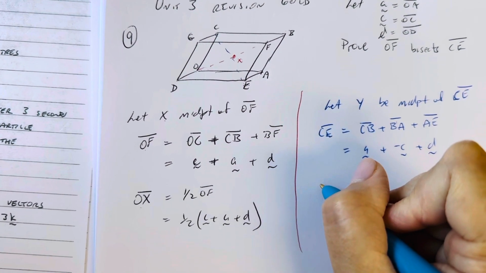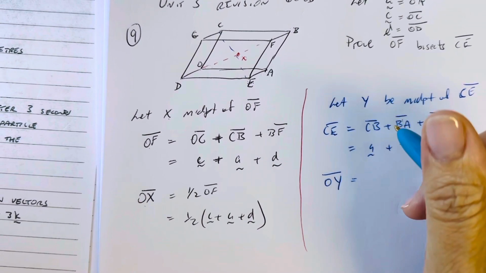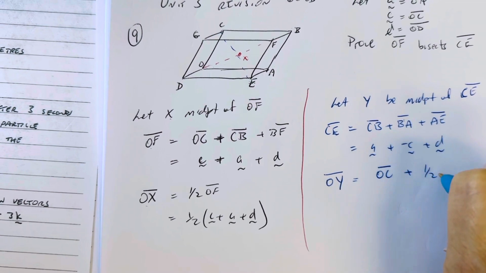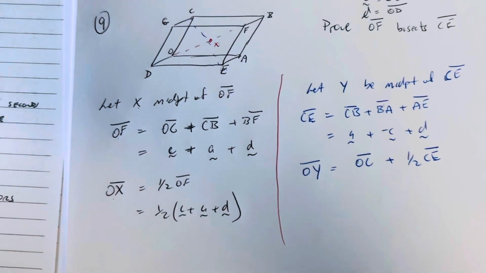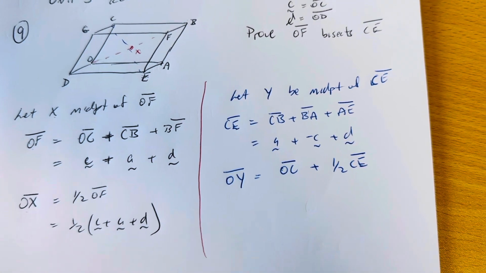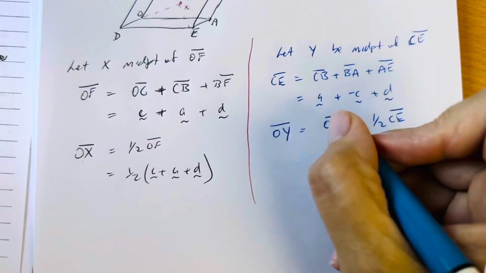Now, if I want to find OY, which is the midpoint, I'd have to go O to C plus a half CE, because I've got to originate from O. Now, there are two ways of figuring this out. I'm just doing the first way, and then I'll show you the second way.